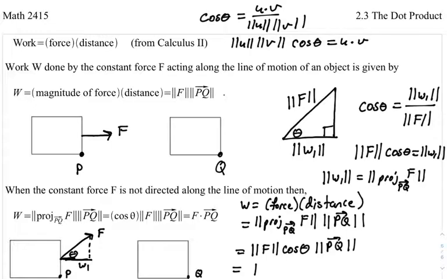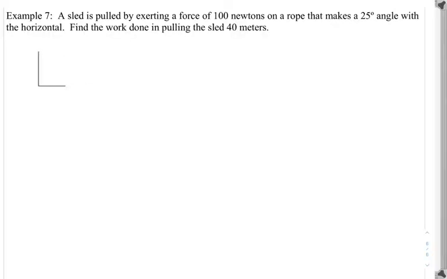We got the magnitude of the force times the magnitude of the vector PQ times the cosine of the angle in between the force and PQ. And so we can make that replacement, and we simply get F dot PQ. And that's going to be the easiest to calculate out of the bunch here. Okay, let's go ahead and look at one example, and that'll wrap up this section here.